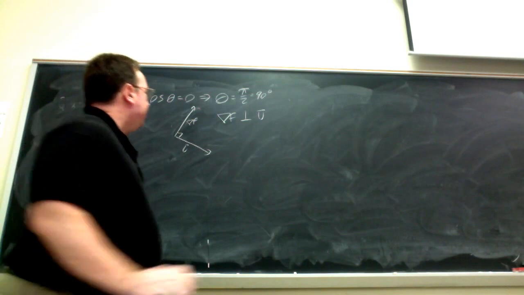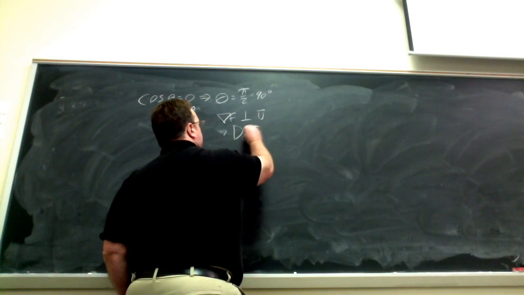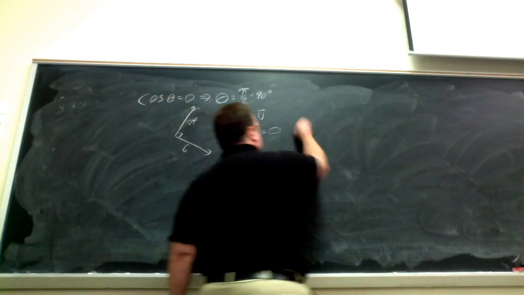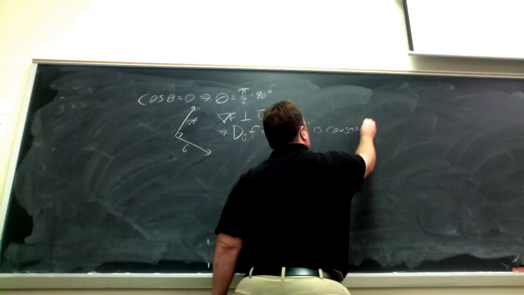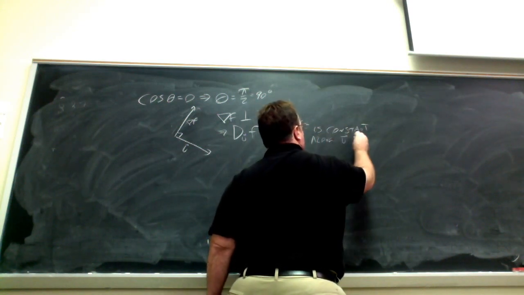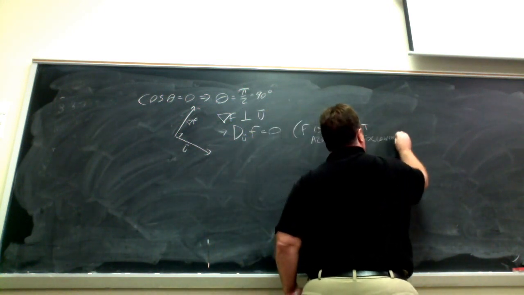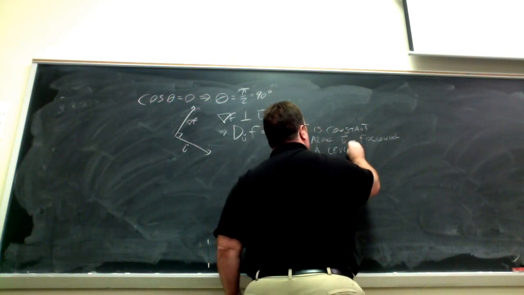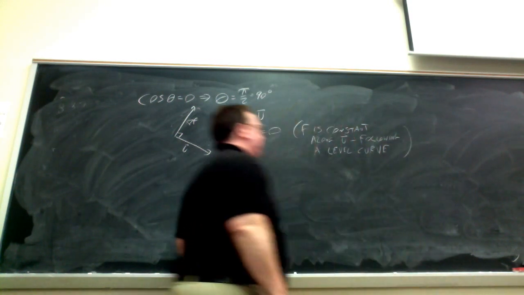So what happens in this case is the directional derivative is 0. So we can say that f is constant along this direction. In other words, it is following a level curve, at least in a two-dimensional case, especially.